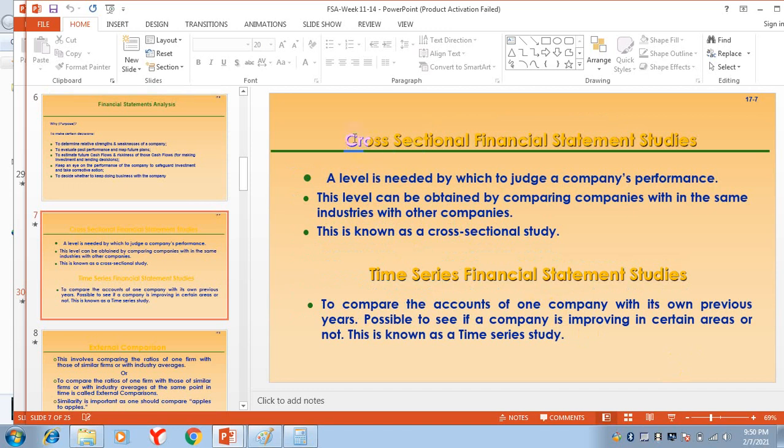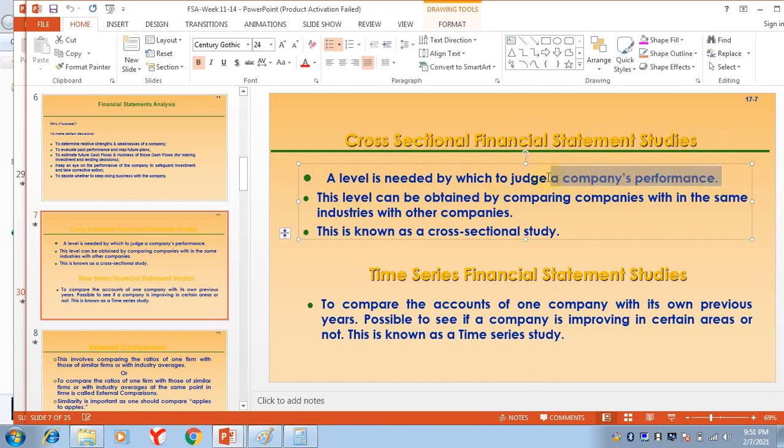Now, there are two types of financial statement analysis. One is cross-sectional financial statement studies, and one is time series financial statement studies. Now, what are cross-sectional financial statement studies? A level is needed by which to judge a company's performance.